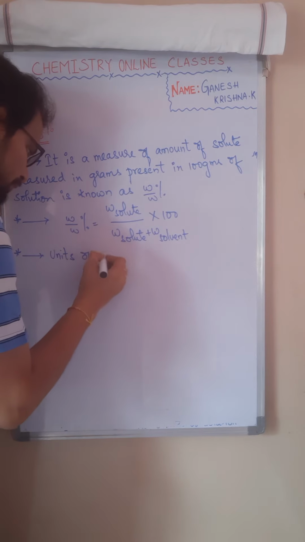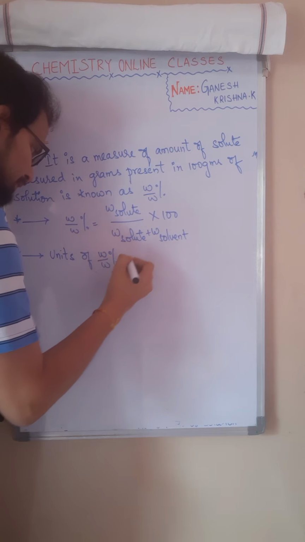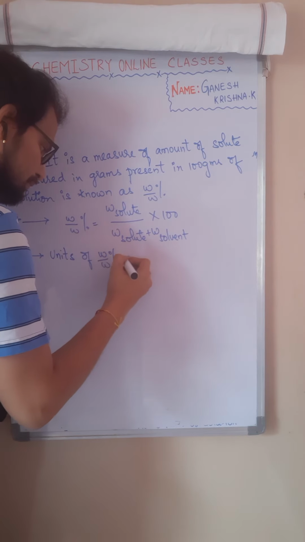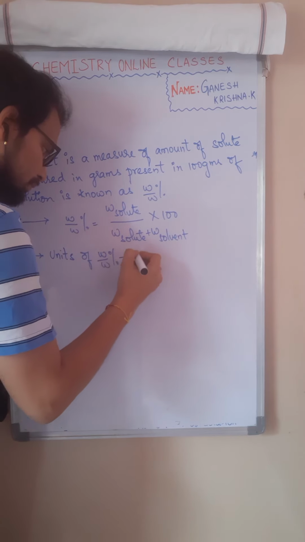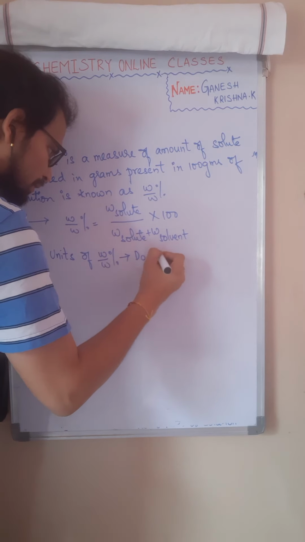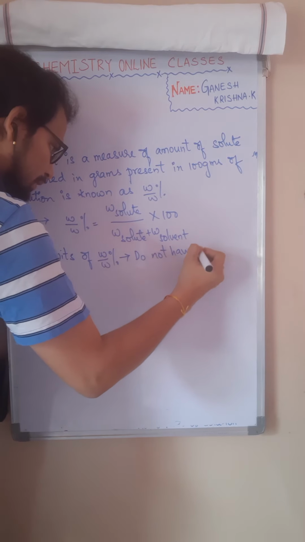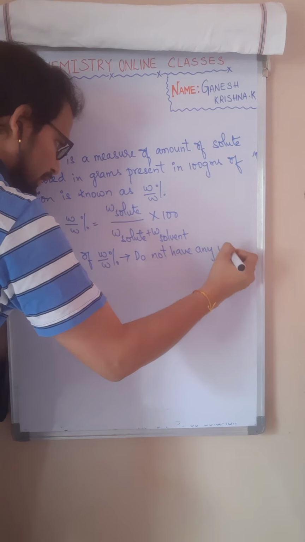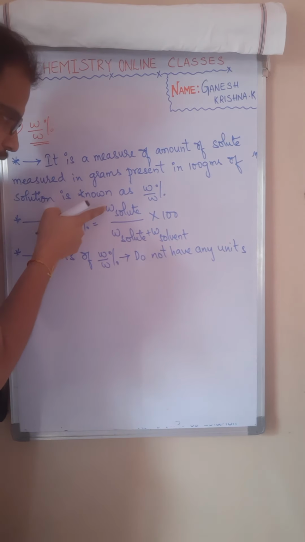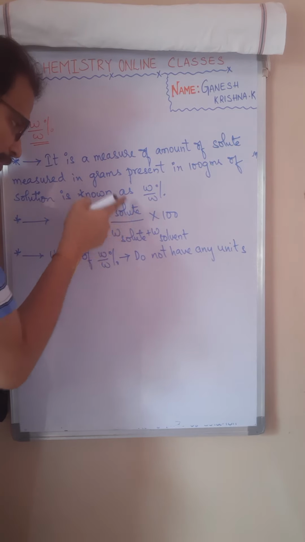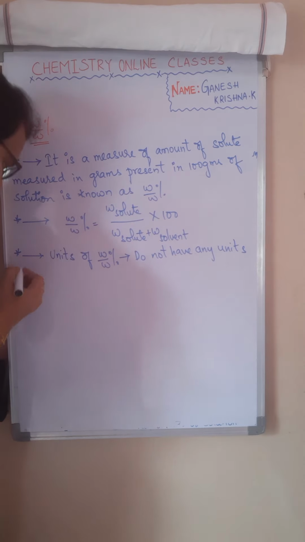The weight by weight percentage does not have any units. Why does it not have any units? Because it is a ratio of two similar physical quantities, that is weight terms, which are measured in the same units, grams and grams, which cancel.